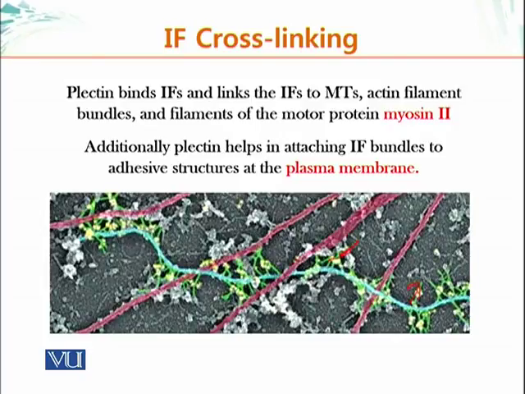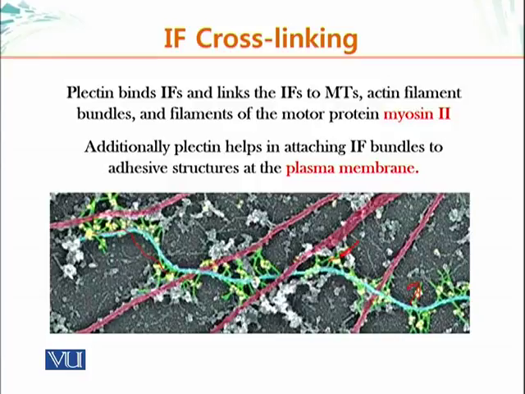The blue structure, this blue string, is intermediate filament. This intermediate filament is interacting with this green structure, which is plectin, and it is linking these filaments together. Also, I would like to mention that we don't see actin filaments, and I've said plectin can also bind intermediate filaments to actin filaments.